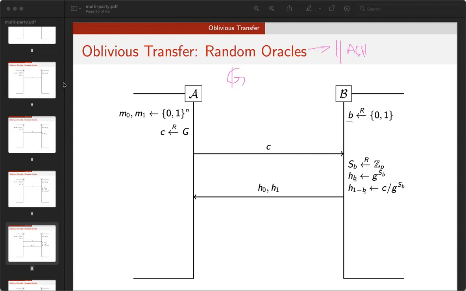Great questions. Thank you all for asking questions. So, James, to answer your question, Bob's secret, that's SB. Bob is literally just sampling a random integer that's smaller than P, the prime number. And Aruj, we have not done any hashing yet.